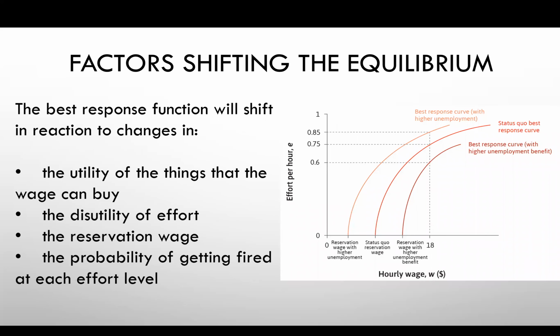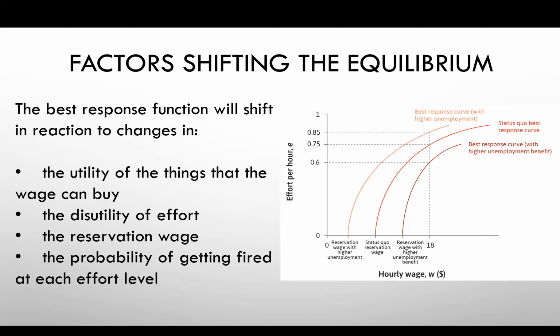There are many factors that can shift the equilibrium. Looking from the best response function, so from the point of view of the employee again, it will shift in reaction to changes in the utility of the things that the wage can buy. So even if your wage is high, if you can't buy that much stuff for that amount of money, you don't have much motivation to work harder, and you won't exert as much effort per wage that you're offered. Then there is the utility of effort, how much you perceive your leisure time to be worth outside of work.